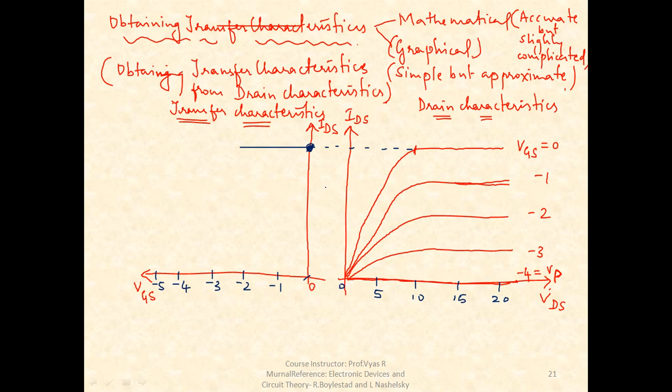When VGS is -1, I just extend the line horizontally, and on the transfer characteristics extend the line where VGS is -1 vertically, so that the point where they meet I'll join it. Further -2, I'll do the same way.